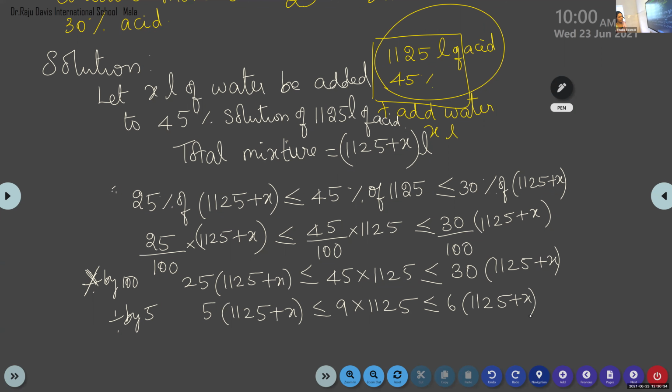Is it okay? Anila Mohanan, is it okay? So next step, you open the bracket. So 5 into 1125: 5 5s are 25, 10, 2, 6. Is it 5625? Am I correct when you open the bracket? Karthik, can you open the bracket and give me the answer?